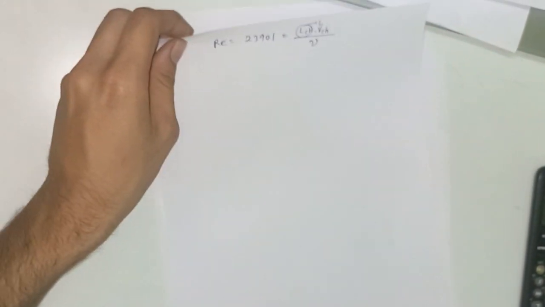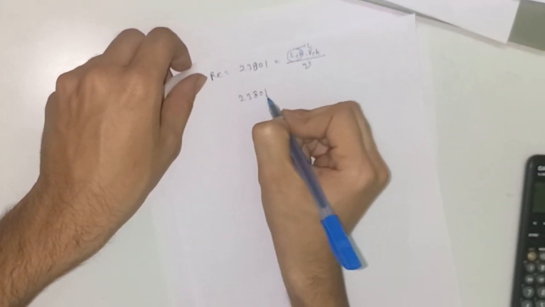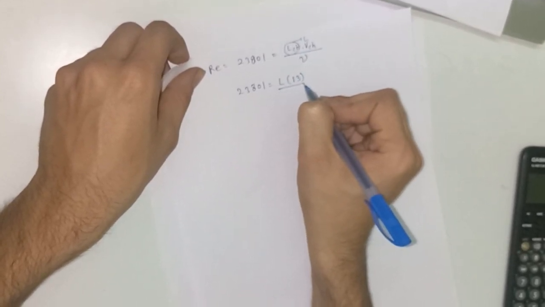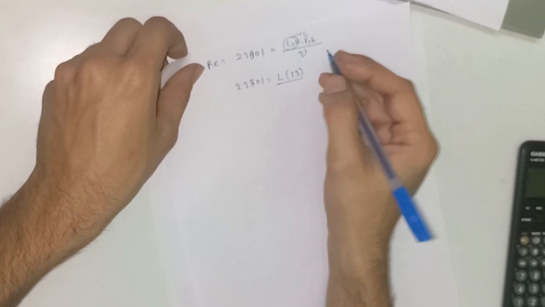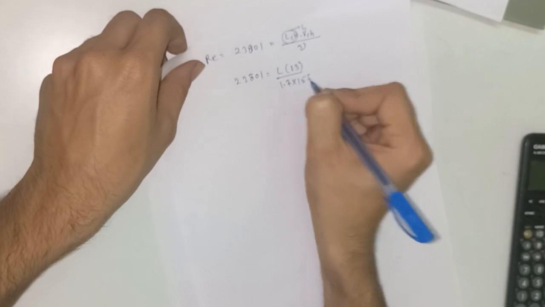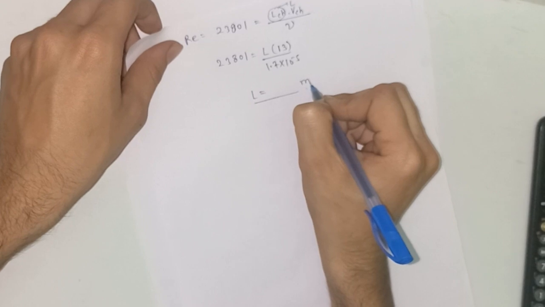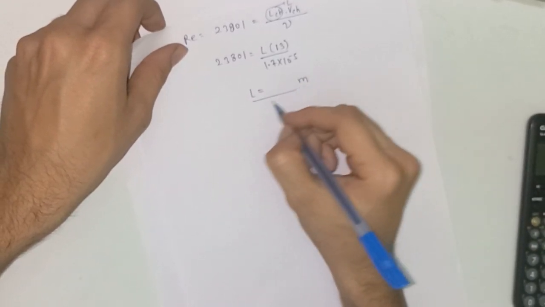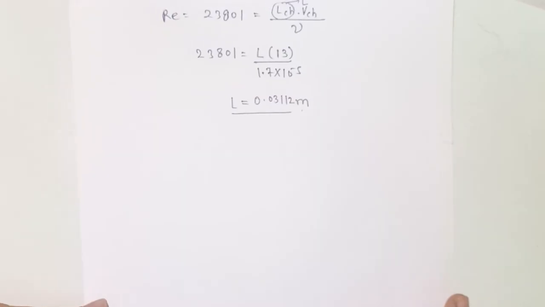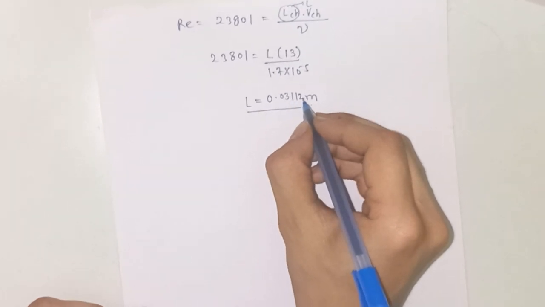So by taking the value of the Reynolds number we need to find L. The characteristic velocity is 13 meters per second, and the kinematic viscosity given is 1.7 × 10^-5. By cross multiplying we get the answer in meters. So now we have calculated the value of L, that is 0.03112 meters.